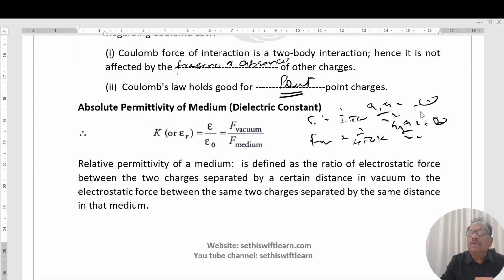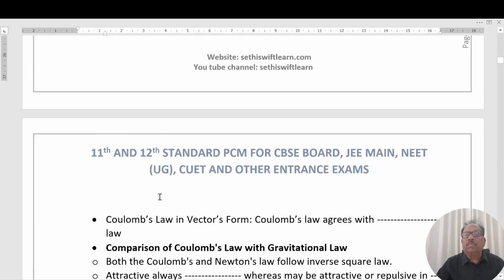If we divide these two, we get K, the relative permittivity of the medium. It is the ratio of two forces: the electric force between two charges separated by a certain distance in vacuum to the electric force between the same two charges separated by the same distance in that medium. That is known as relative permittivity.